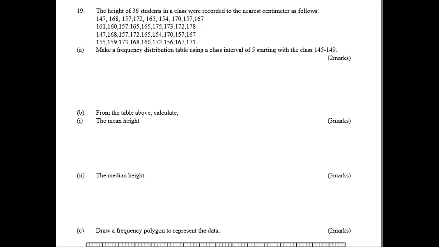You have the frequencies that are adding up to 36. That gives us the frequency distribution table.